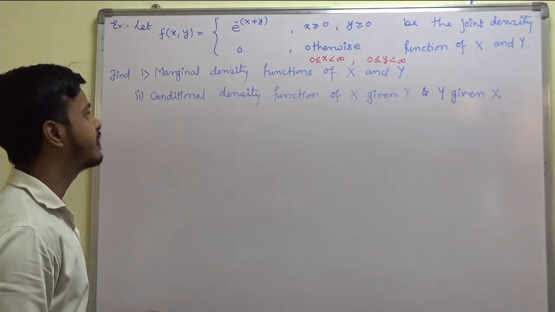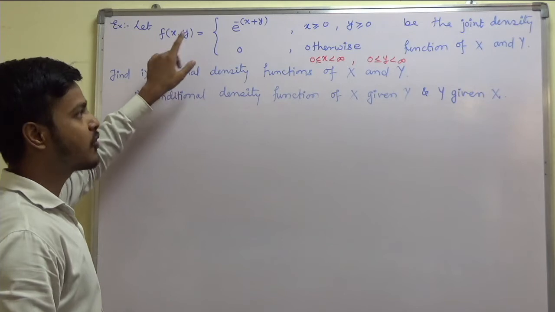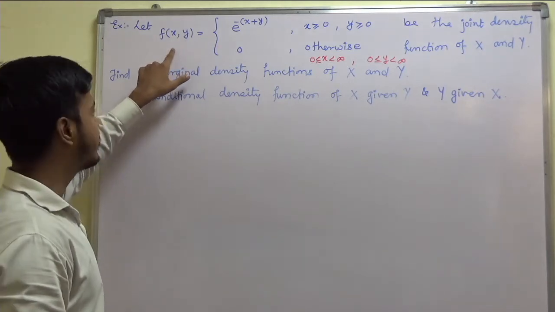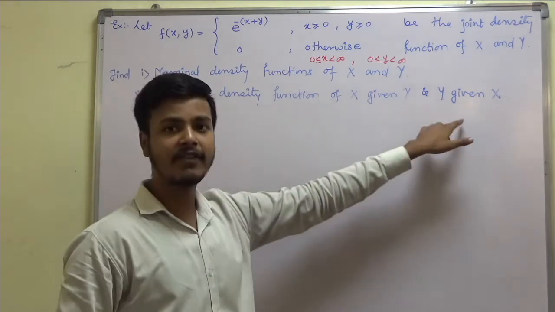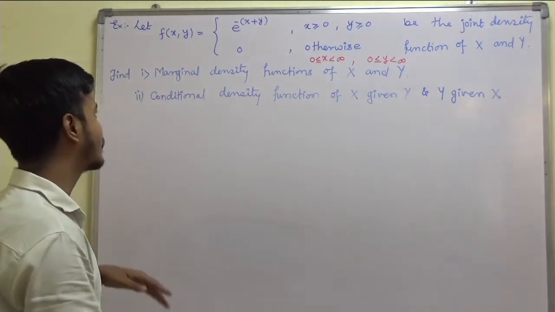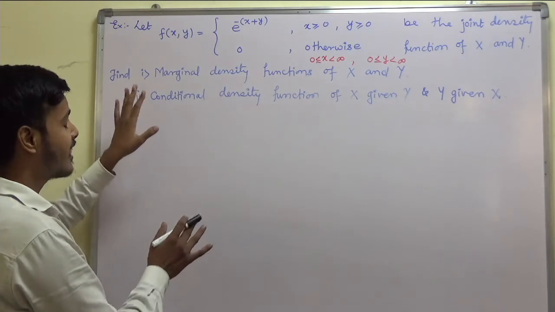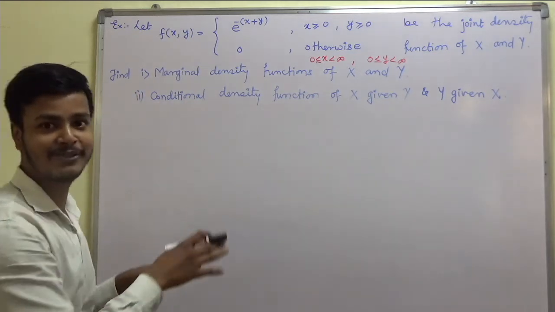So how to start? We are given a joint density function, and we have to find out the conditional density function of x given y and y given x. Actually that is the only question that we have to find out.